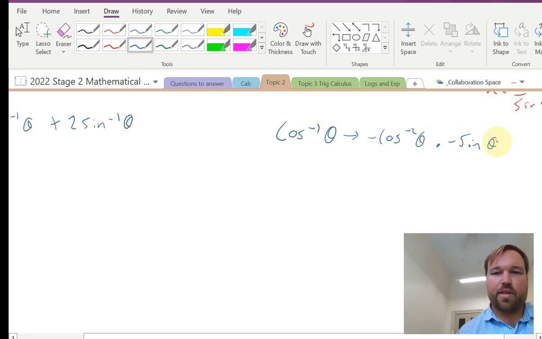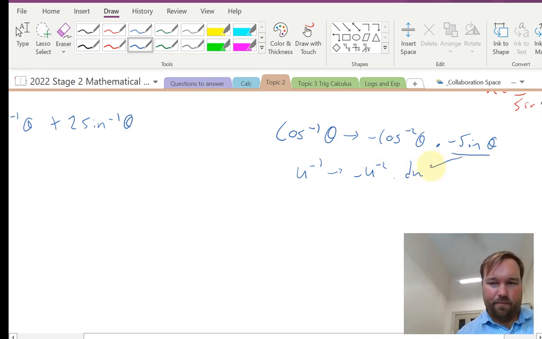Alright, because if you think of this as u to the neg 1, that will go to minus u to the neg 2 dot du. And du, the derivative of cos theta, is minus sine theta.